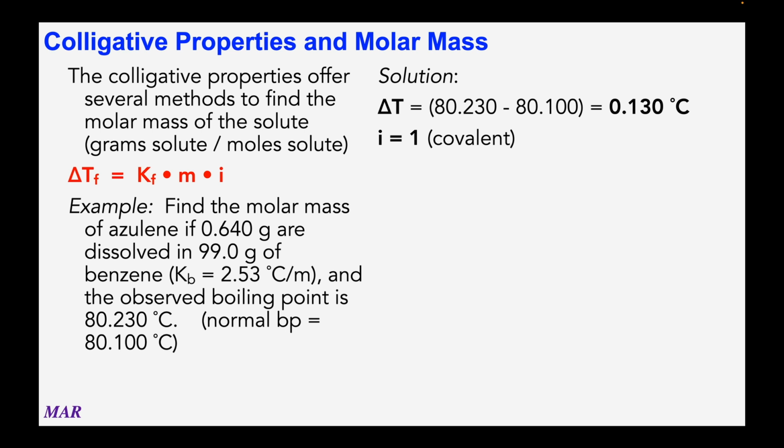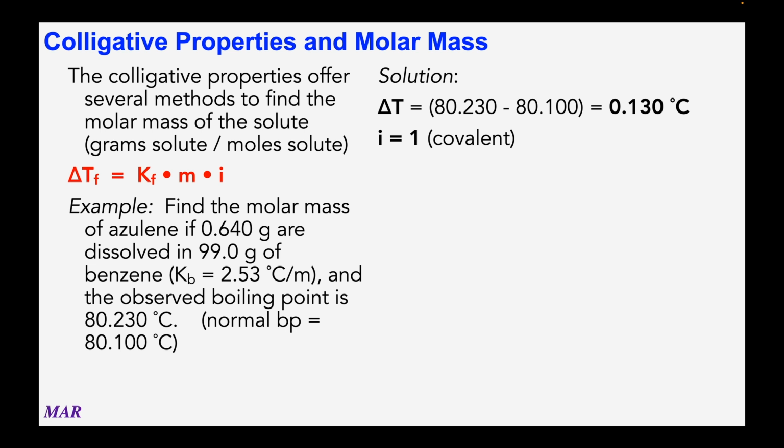So let's do an example here of how you can find the molar mass for a boiling point solution problem. In this problem, we've got this compound called azolene, and azolene is being dissolved in benzene. By the way, these are both organic compounds, covalently bonded, so we don't have to worry about any of the i factors.